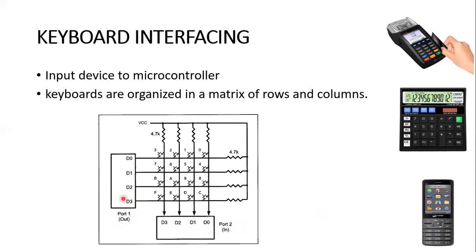We don't use all the bits of the port, we use only the lower nibbles. The lower nibble of port 1 is used to take the output from the microcontroller, that is the rows, whereas port 2 will act as an input, that means the lower nibble of port 2 will be used to take input into the microcontroller, that is the columns. So this is how basically the keyboards are organized.